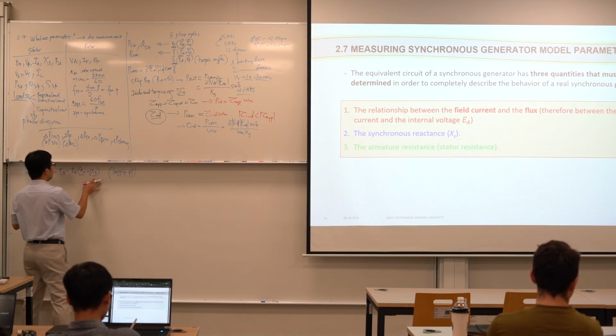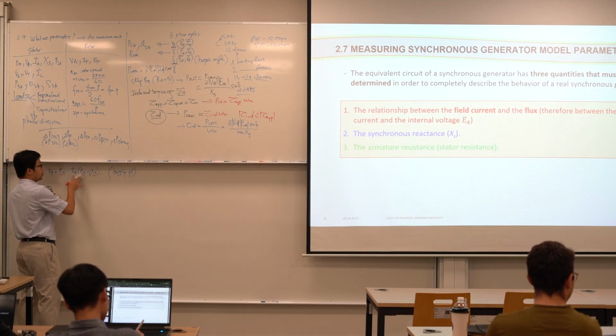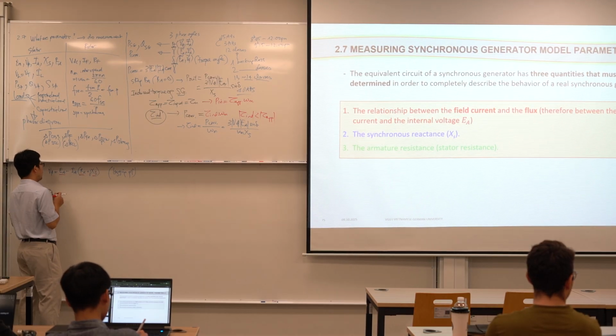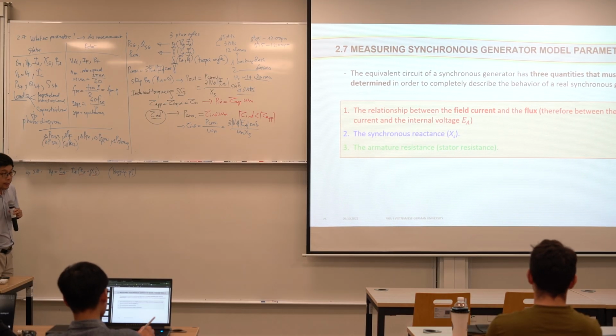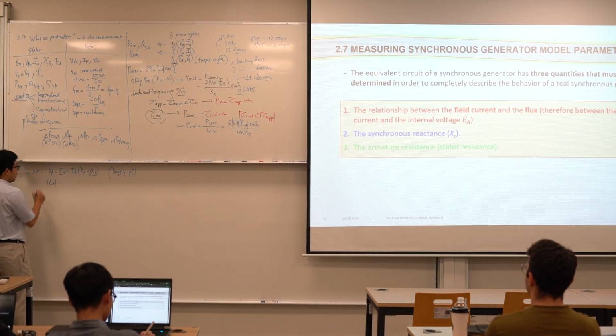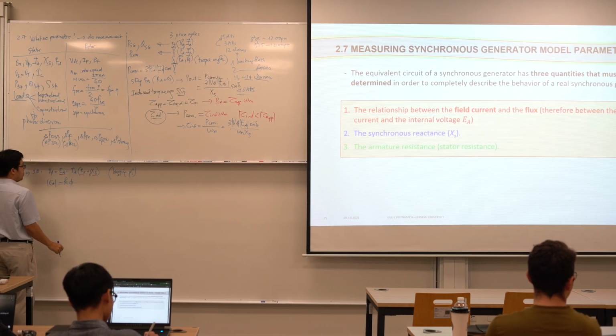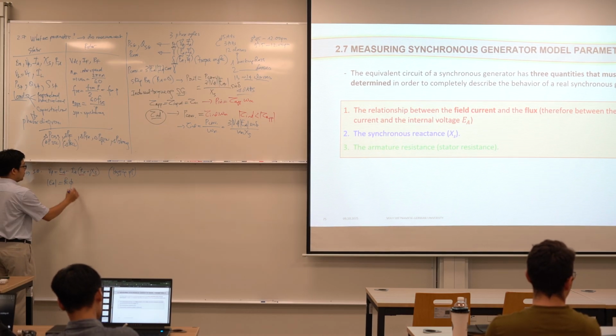It is very easy for you to measure resistance and reactance because it depends on the construction of the synchronous generator. And then if we come back to Faraday's law, we have EA equal to K phi omega.